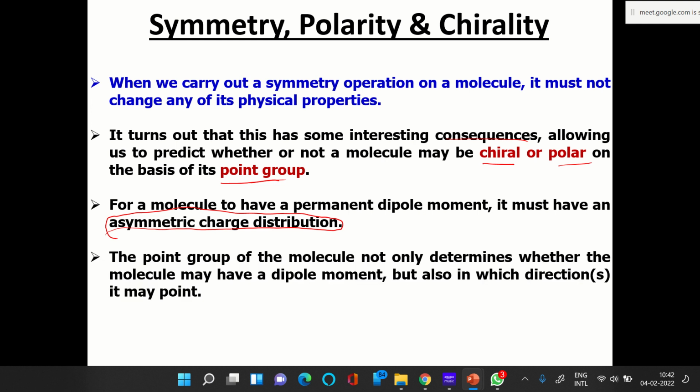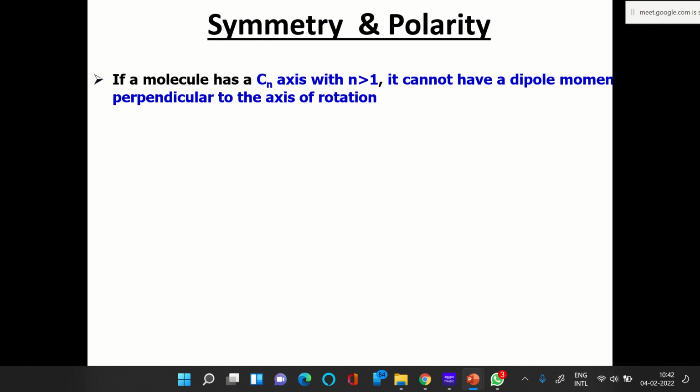So the point group of the molecule can tell you whether a molecule may have a dipole or not. It can have or cannot have. It can also tell you in which direction it will point.